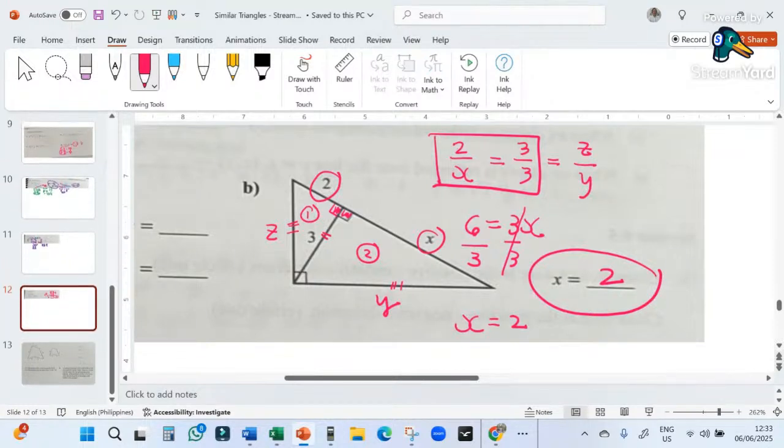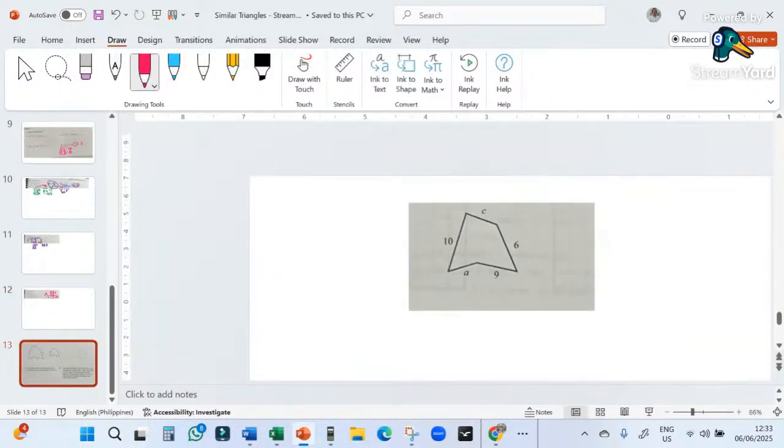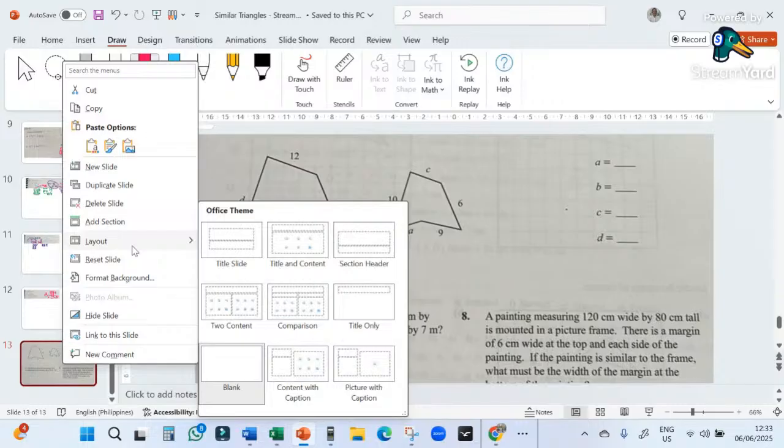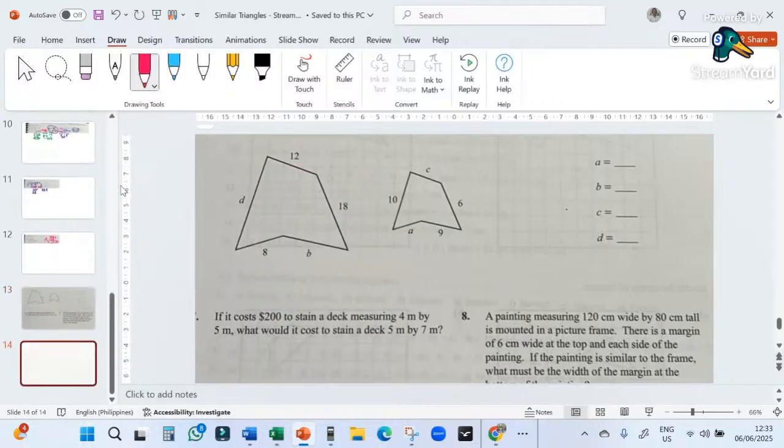Right. Now we move to more challenging questions. But again, these are similar triangles or similar shapes. Let's just duplicate this one.